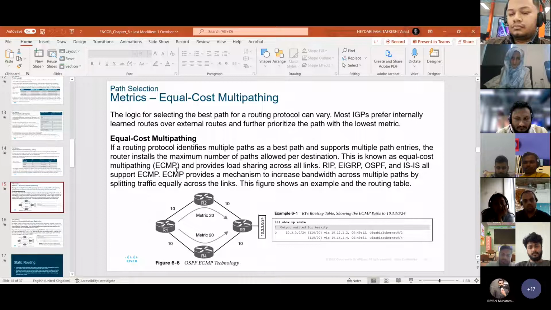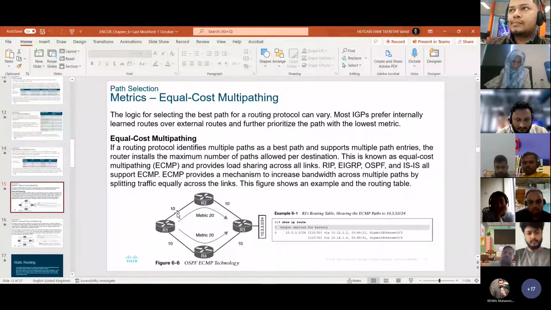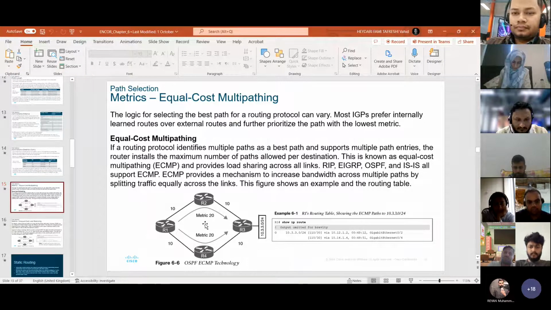I think the best way is just to go through the example. In the routing protocol that you can see here, O stands for OSPF. So in this example, all these 4 routers are running OSPF. In order to get to this remote network from R1, I can go this way or that way. The metric is going to be 20 if I go this way, and it's going to be 20 if I go that way.